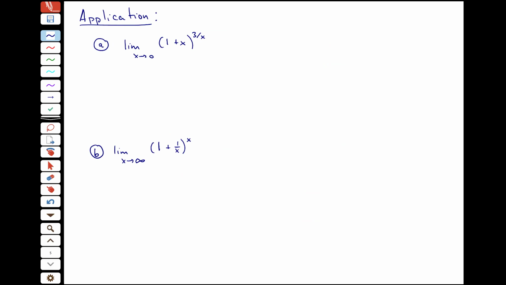So let's see some examples of how to use this definition. In our first limit, we have the limit as x goes to 0 of 1 plus x raised to the power 3 over x. And if I think creatively with exponents, I can write this as the limit as x goes to 0 of 1 plus x to the 1 over x, all raised to the third power.